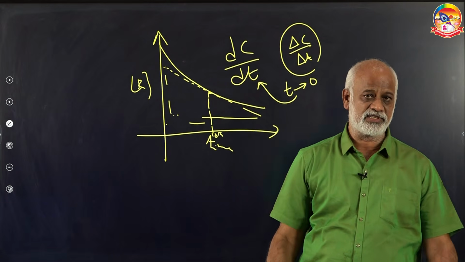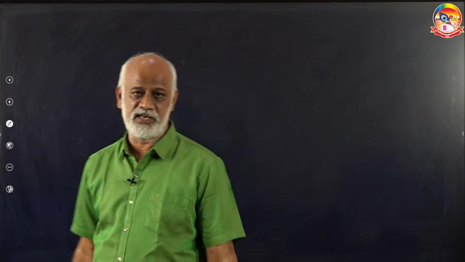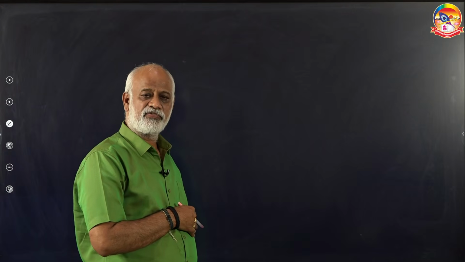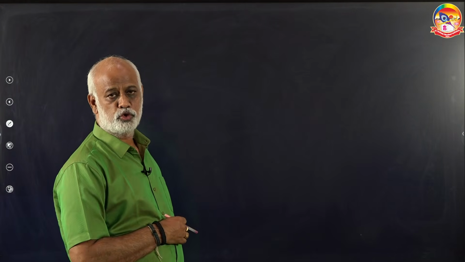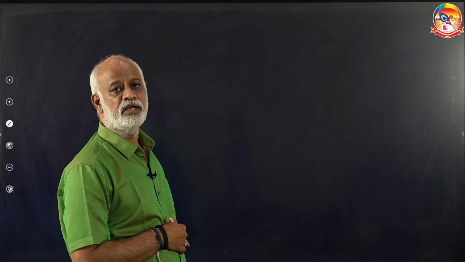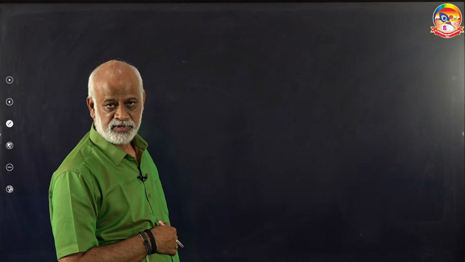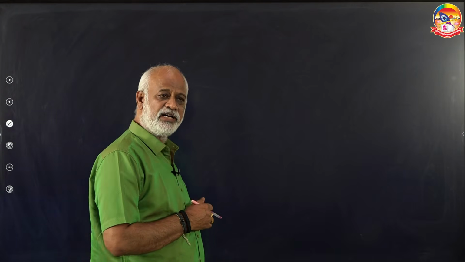The question comes then, sir, what are the factors influencing rate of a reaction? To know that, I want you to understand one important concept called the energy profile diagram. Energy profile will always give you a correct idea.